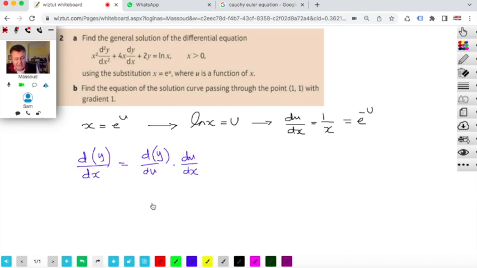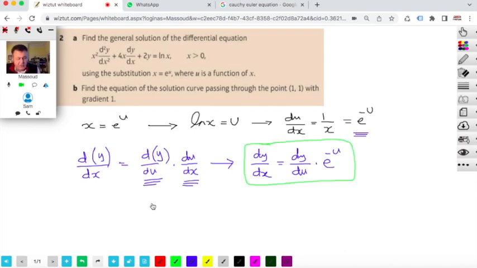So dy dx, the first differential of y, is equal to dy du multiplied by du dx, and this du dx we already know: it is e to the power of minus u. We're going to use this first differential later on.